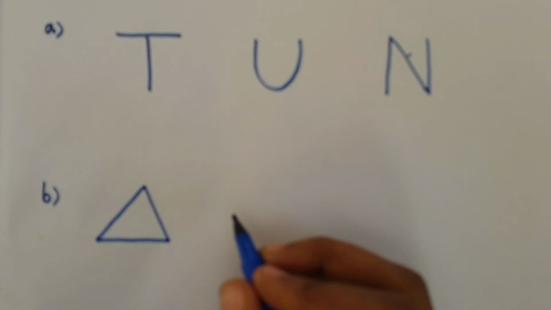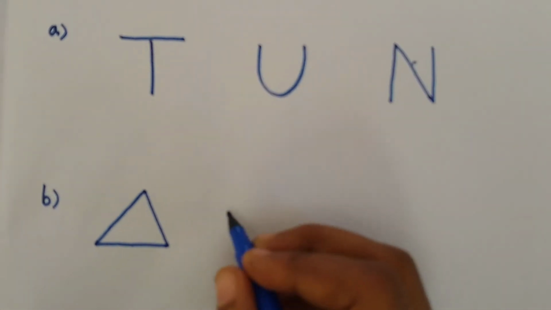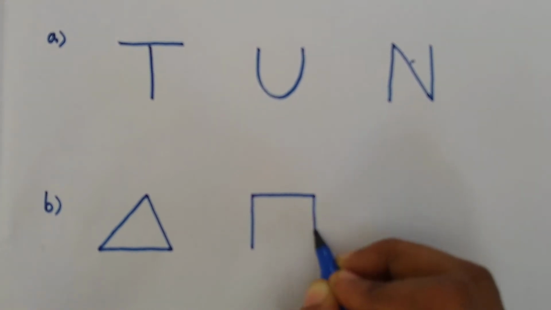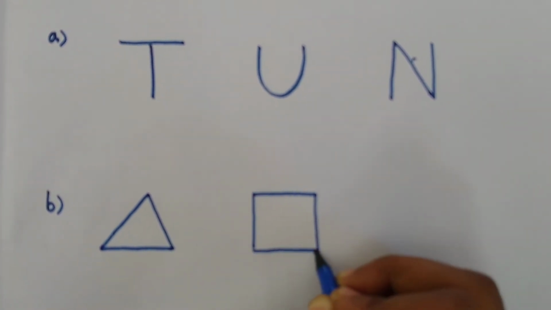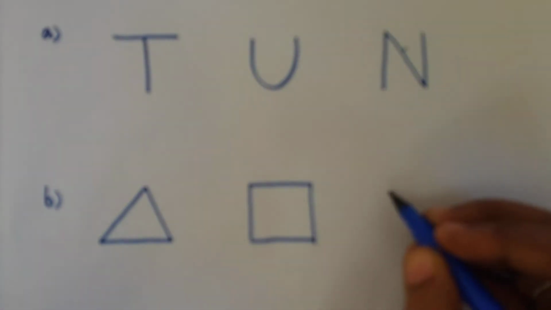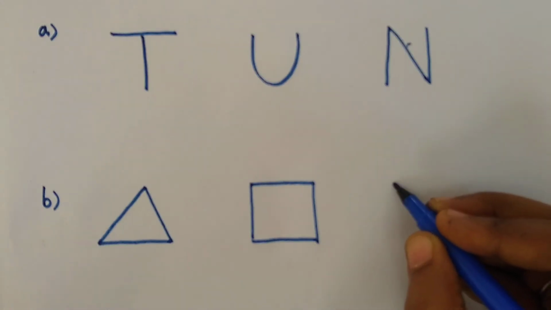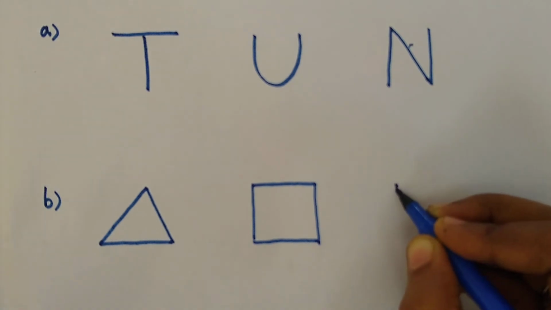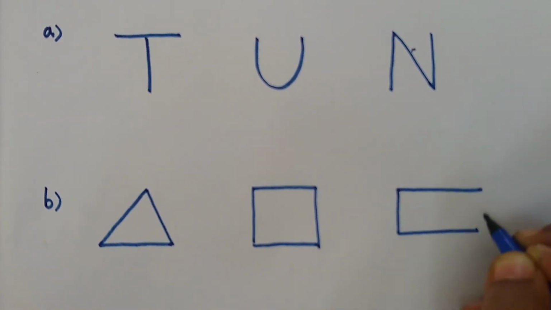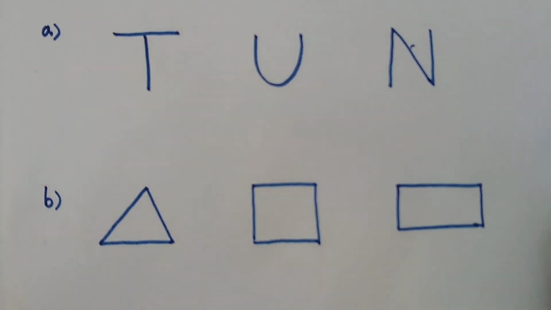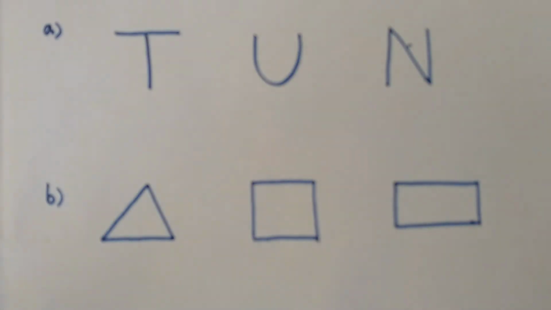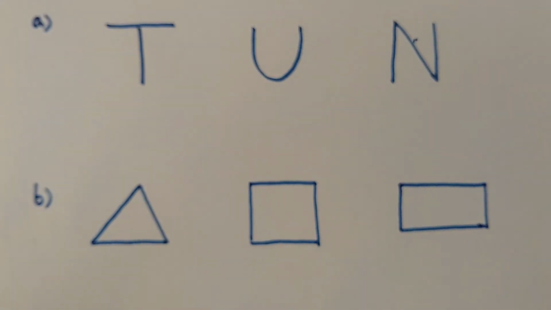Next, square, it's also a closed figure. Then rectangle, semicircle, rhombus. These are the closed figures.